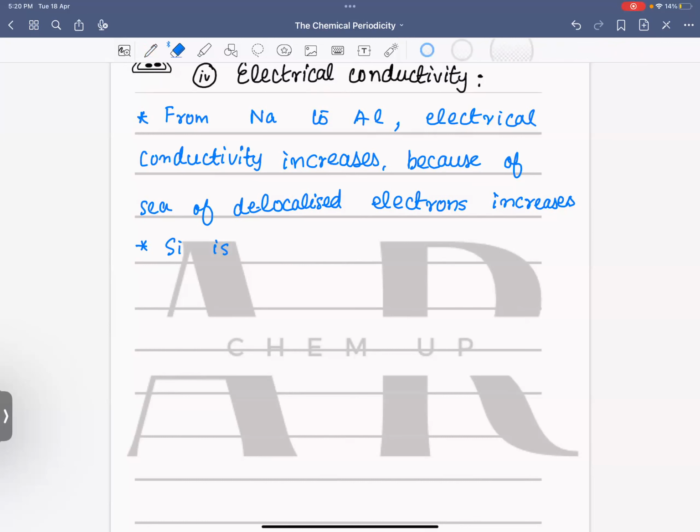So it also conducts, but not as much as the metals.